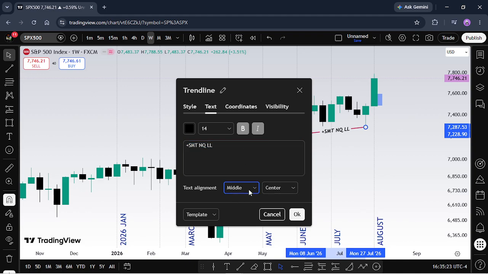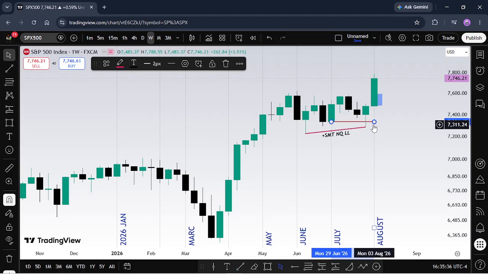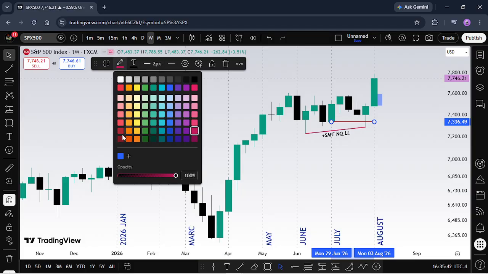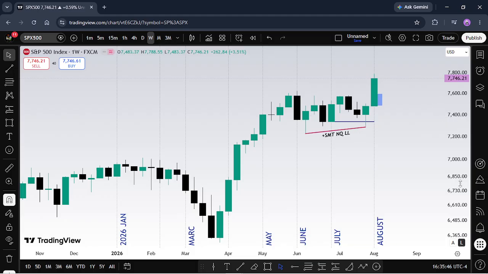Now let's put it at the bottom. Yeah, NQ lower low. So price took the July low though. So that's something worth noting. In terms of body, it took the July low. So I'm gonna mark that day as a blue level, right? Because price took it and then decided to go up.